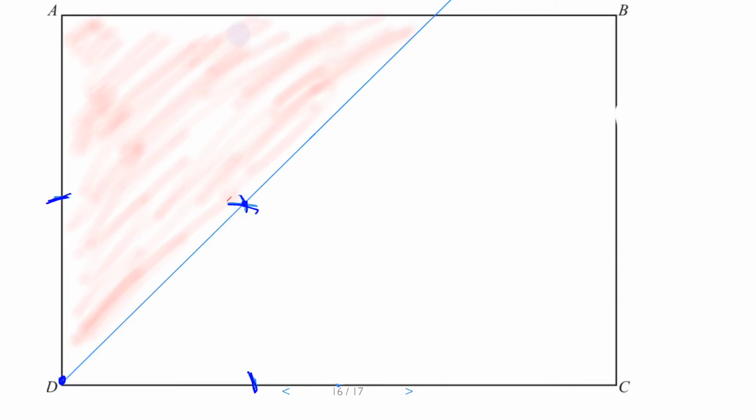Now that we have shaded the first part, the second part was that you need to find the region which is close to C. It is less than 210 meters from C. The next part asked us to find the region which is closer to DA than to DC.